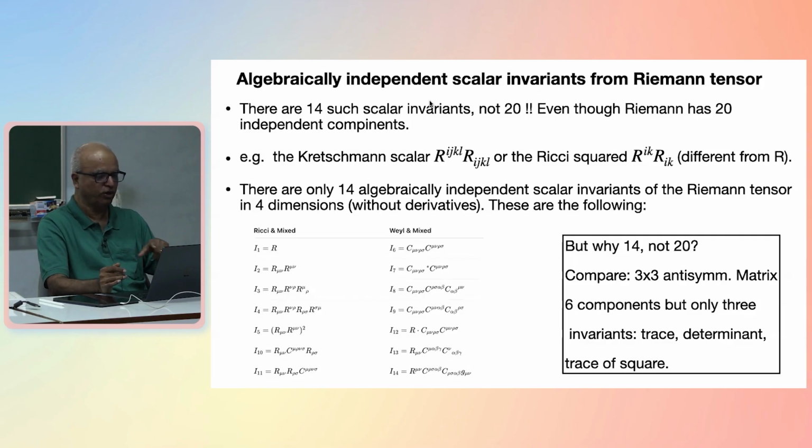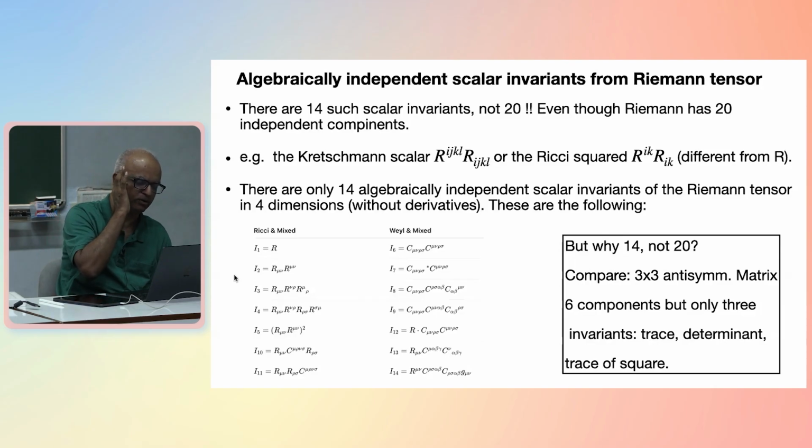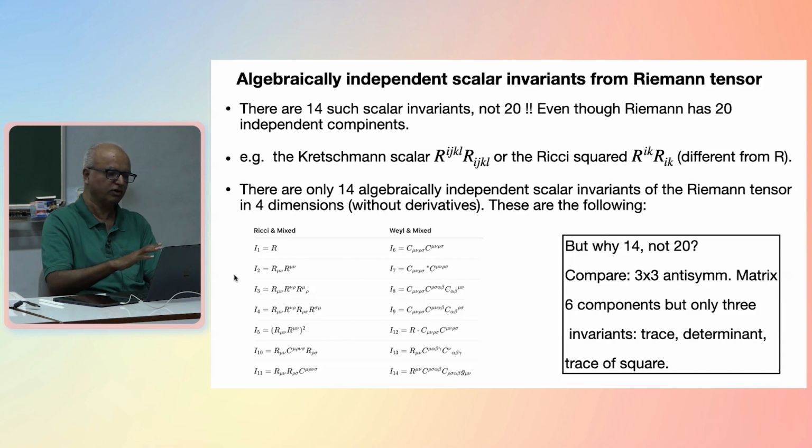You can make polynomial functions without taking derivatives, and this R mu nu square is in some sense different from the I2. Again, a very good question. I don't think I know the final clear answer, but algebraic independence is there.